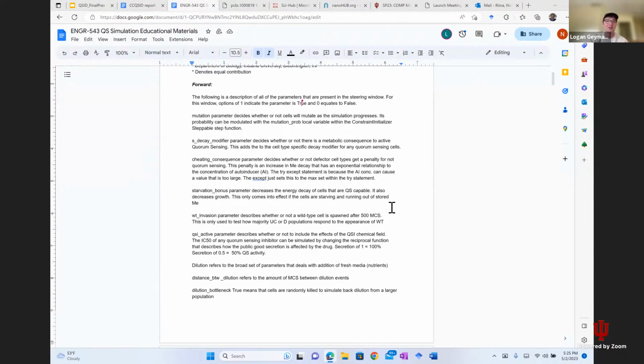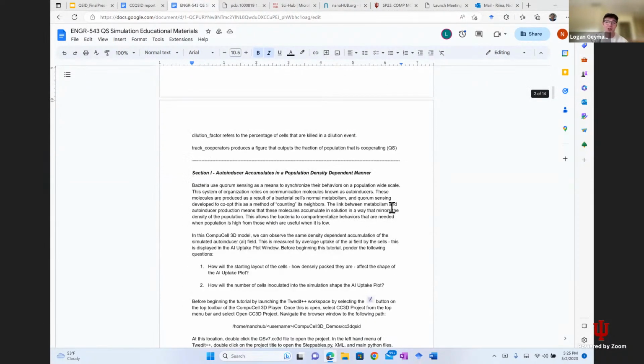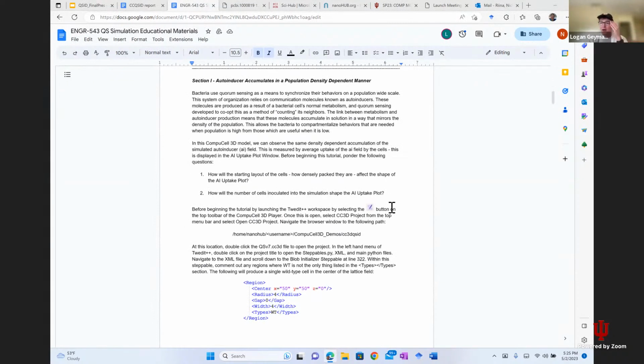And if you scroll down to section 1, Nick, that first learning objective is to demonstrate that our model is capable of doing this: autoinducer accumulates in a population density dependent manner. So I'm a really big fan of not just telling, but showing. So I have thinking exercises in the beginning of each one. Nick and I thought it was really important that when users approach the model, they understand the biology behind it, because every quorum sensing system is a little different.